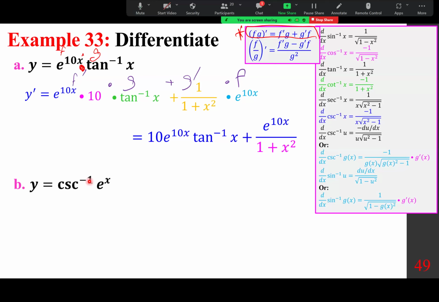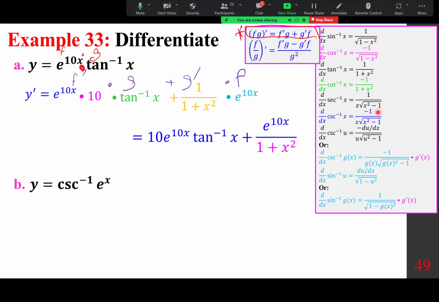y equals cosecant inverse of e to the power of x. So this is like g of x. As you look at cosecant inverse, remember, for secant inverse we had 1 over x times the square root of x squared minus 1, and for cosecant inverse, this changes to -1 over x times the square root of x squared minus 1.